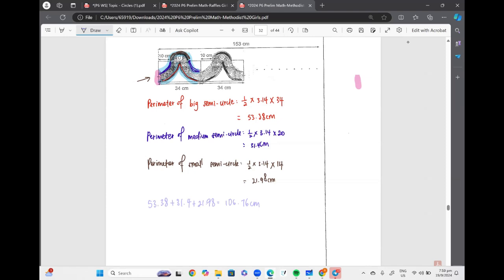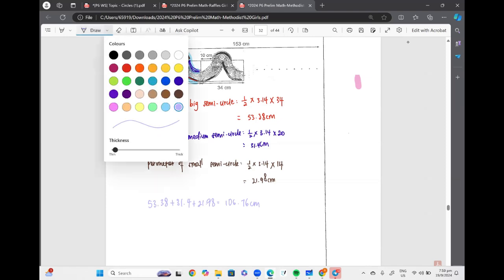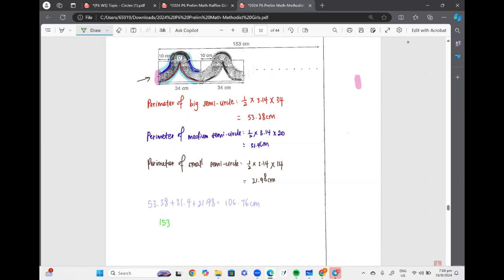This is for one figure. How many figures are there? I need to find out how many figures there are. So I need to take 153 divided by 34. All right, 153 divided by 34, I'll get to an answer of 4.5 figures.